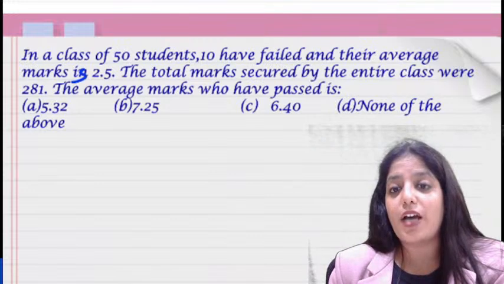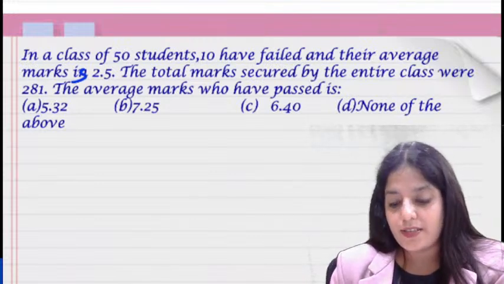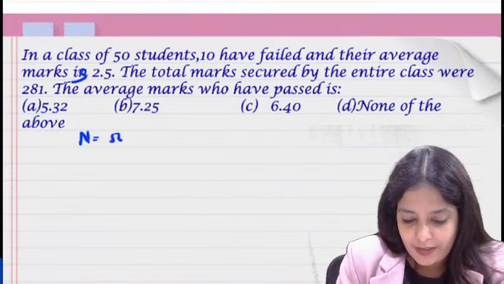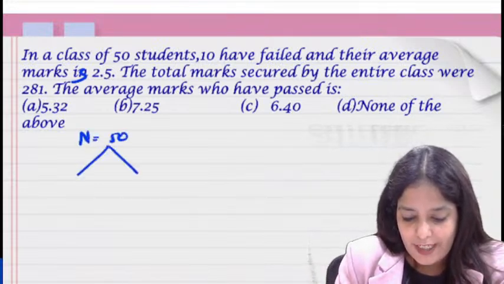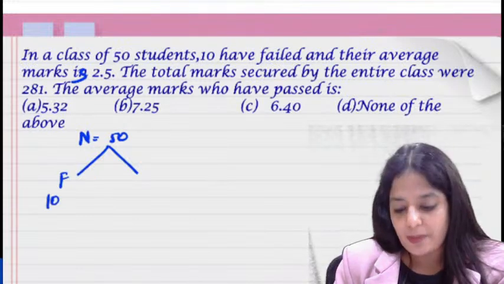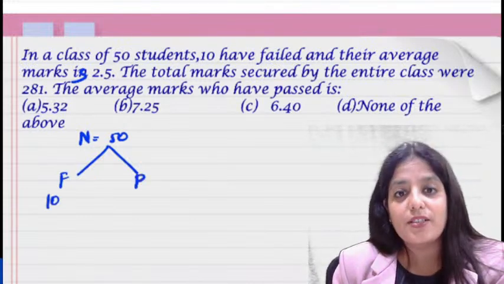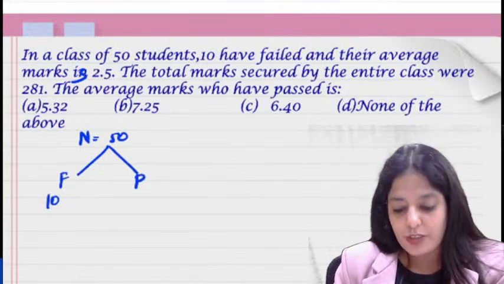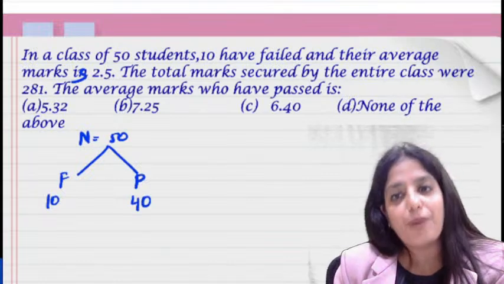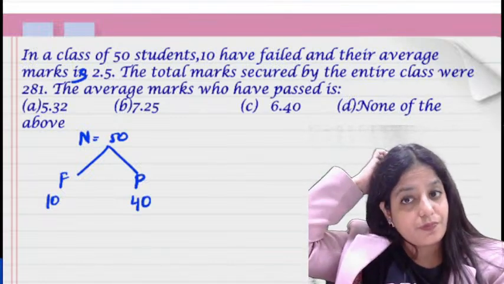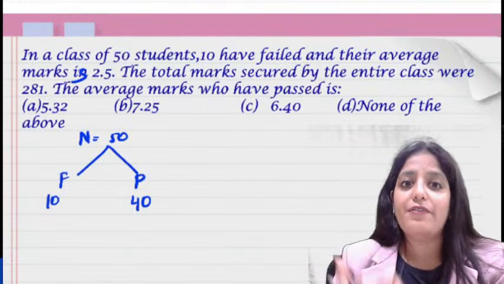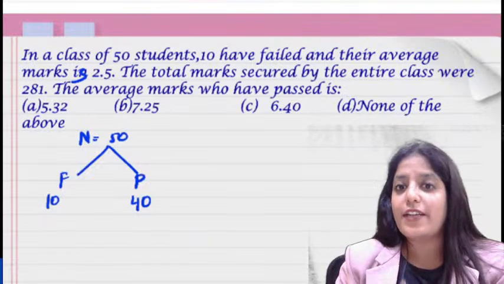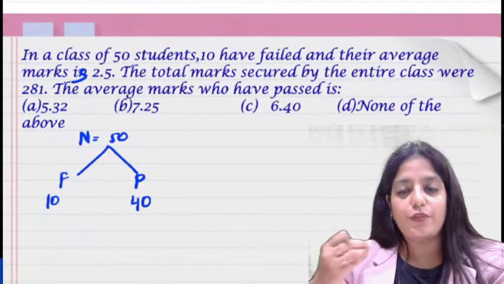The average marks of those who have passed is? We have total students in the class as 50, right? 10 students failed. So can you tell me how many students passed? Out of 50 students, 10 failed, so definitely 40 students passed. Now I have the average marks of the 10 students who failed, so I can quickly find the sum of their marks.